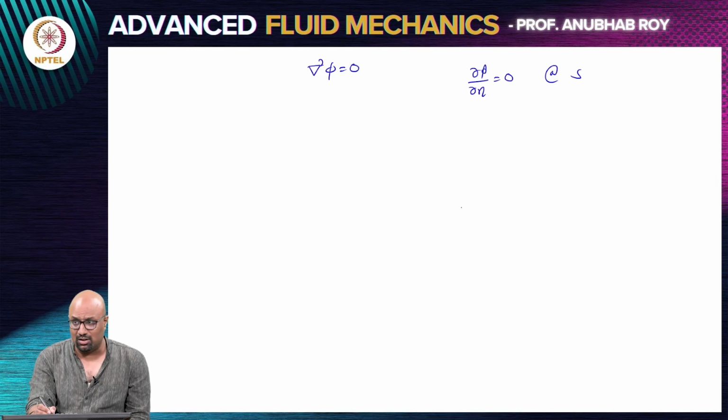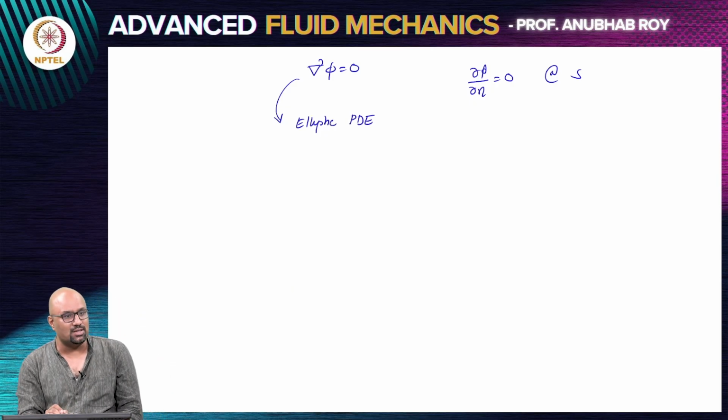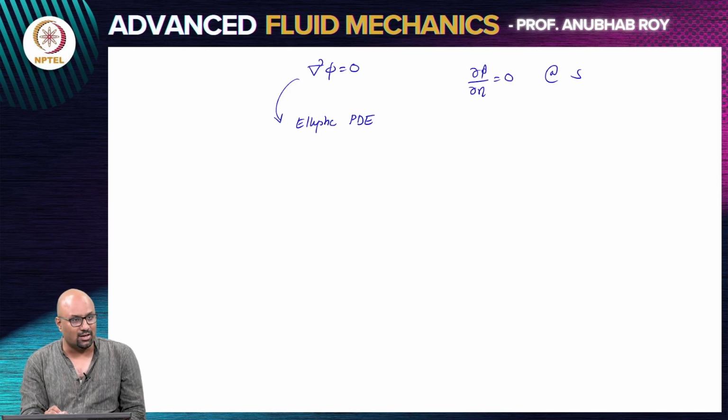So, you apply one on the body surface and one far away, because mathematically this equation is what is known as an elliptic partial differential equation. There are various equations which fall in this category, which come from the heat equation, magnetostatics, electrostatics, a whole family of equations which follow this.